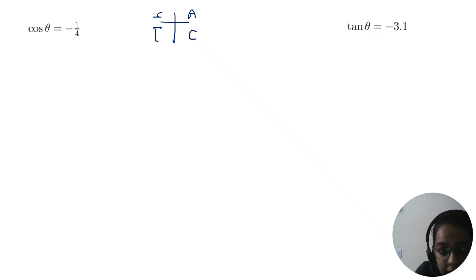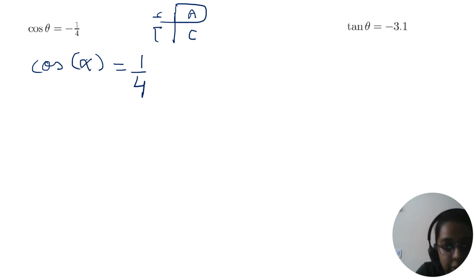Acute angle means they are lying in the first quadrant, and here all cos, sine, tan are positive always. So we will find the acute angle, let's call that acute angle alpha. Say I need to find cos alpha equals 1 by 4. I said acute angle, so that is why I have taken a positive value of cos.